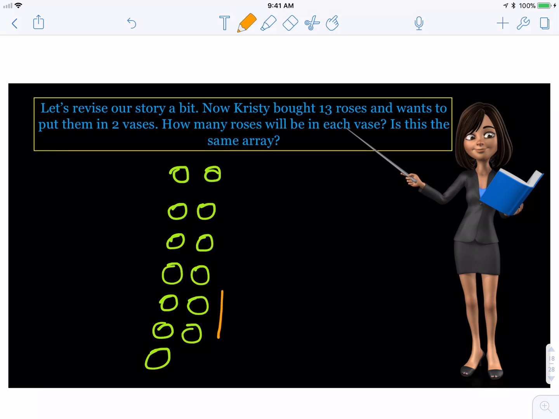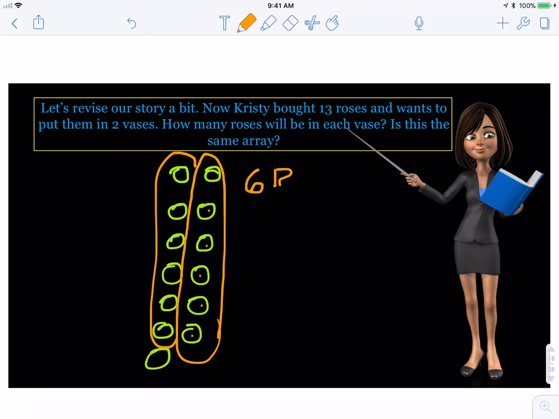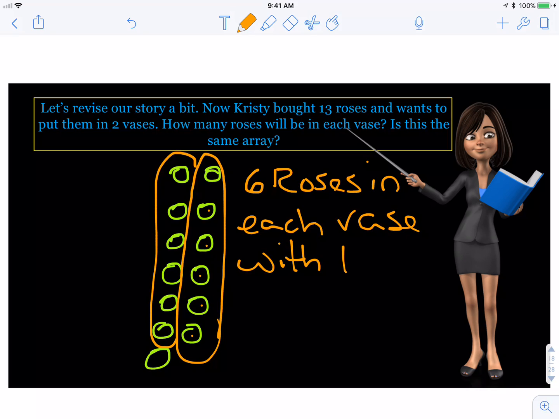Well, let's look. There's vase 1. There is vase 2. So we have 1, 2, 3, 4, 5, 6. 6 roses in each with 1 rose left over.